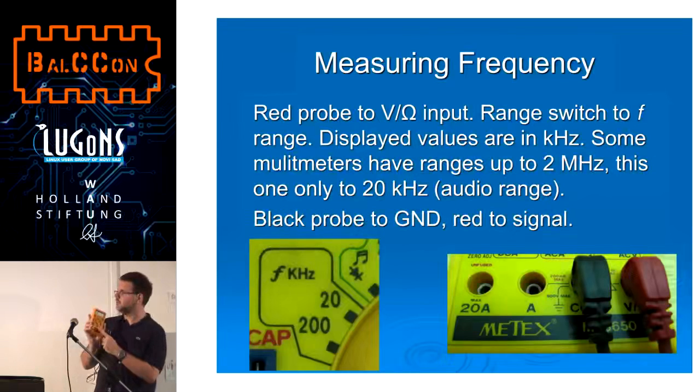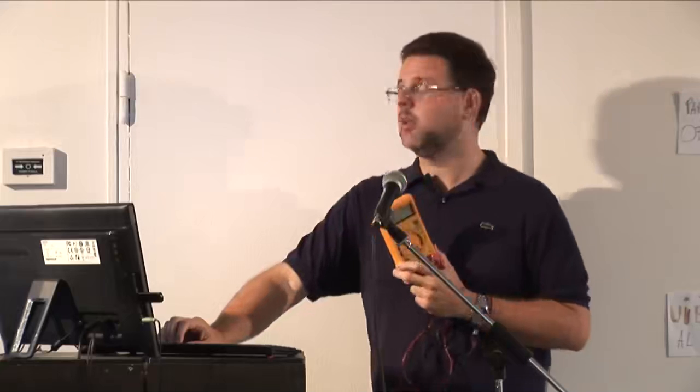So put the probes like for measuring voltage, change the dial to 20 or 200 kilohertz. Of course, if you are measuring up to 20 kilohertz, you'll get more precision, more decimal points than on the 200 kilohertz range. And you can see that you can't measure very low frequencies with it.